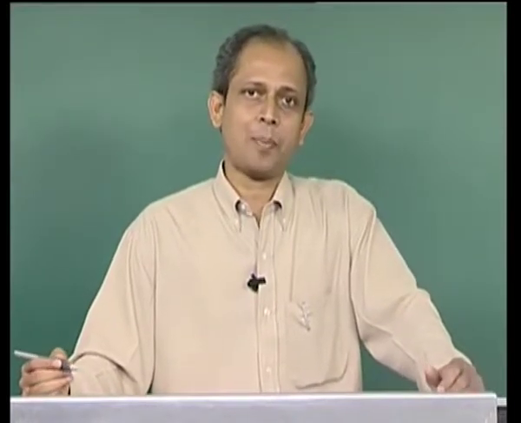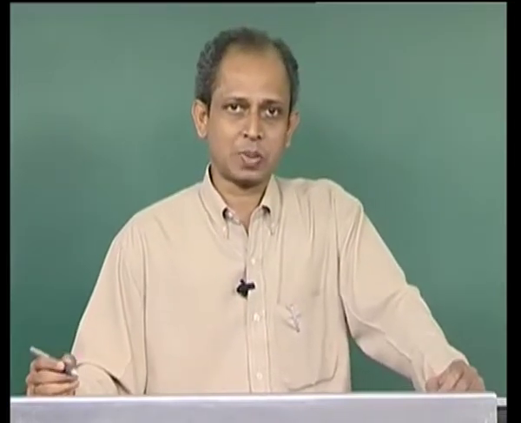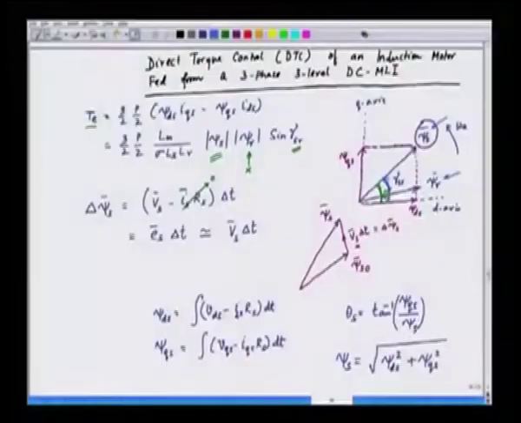So, when we apply a voltage vector, the flux will change as per this equation. The change in the flux is a vector, and if we ignore the resistance drop, delta psi s is (Vs minus Is into Rs) into delta t, where the applied voltage vector is Vs and delta t is the time interval.